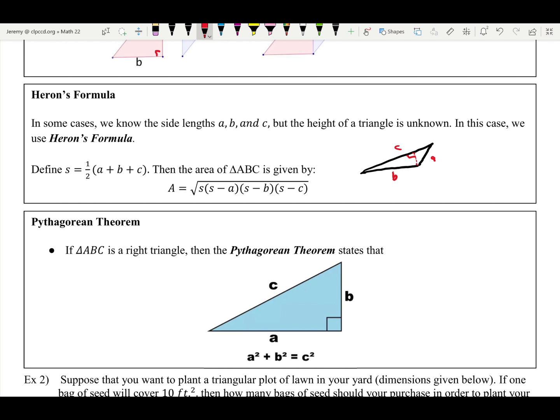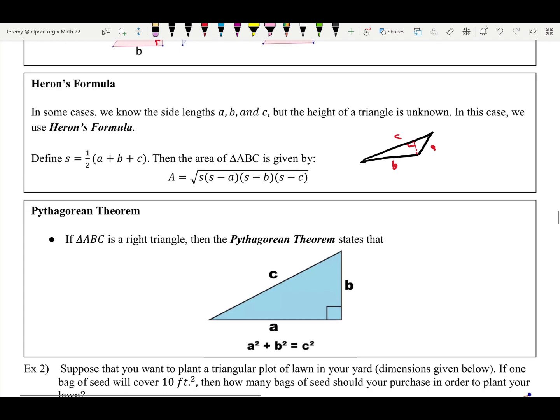S is 1/2 the sum of those 3 sides. So 1/2 times A plus B plus C. And then the area is given by the square root of that value S times S minus A times S minus B times S minus C. All of that being contained inside of this square root.